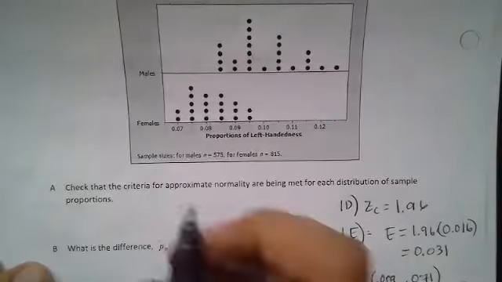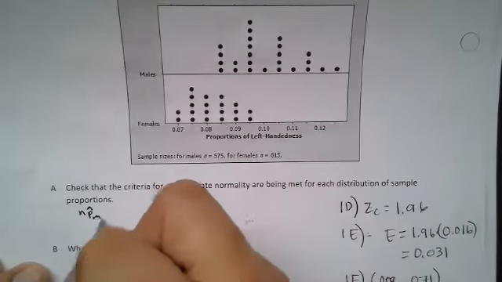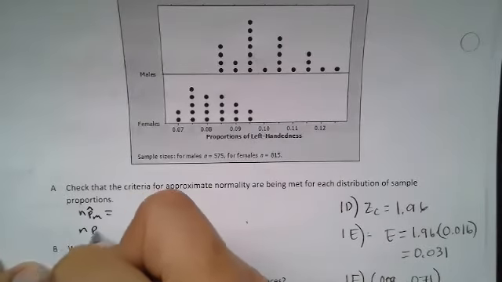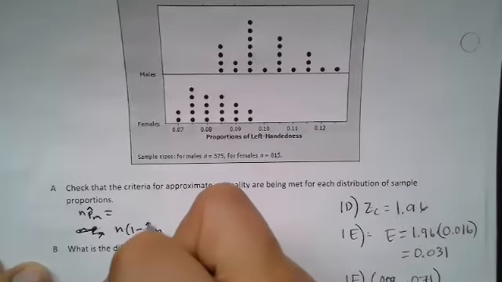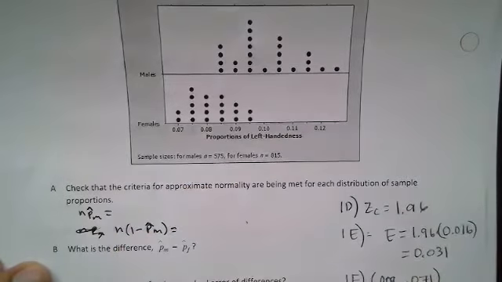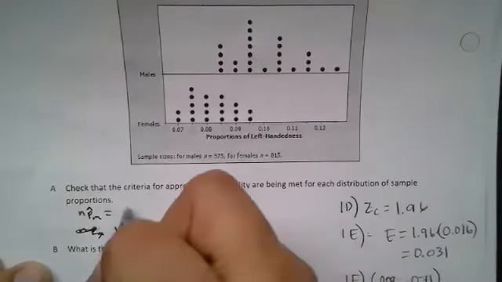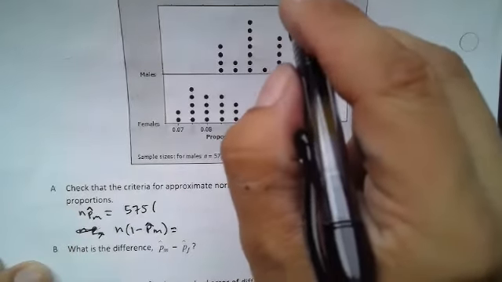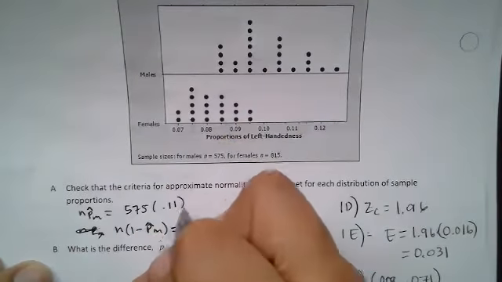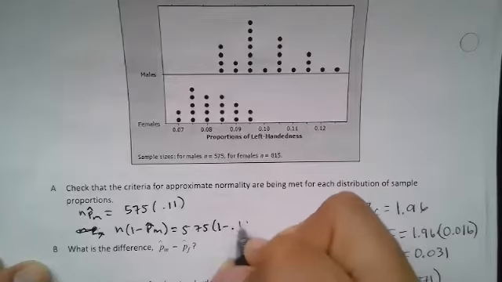That's like N times P and N times 1 minus P. Oh, sorry, whatever, and 1 minus PM, right? Then you have P hat. Yeah. So this is 575 times 0.11, because it's 575 male, right? And then this is 575 times 1 minus 0.11.